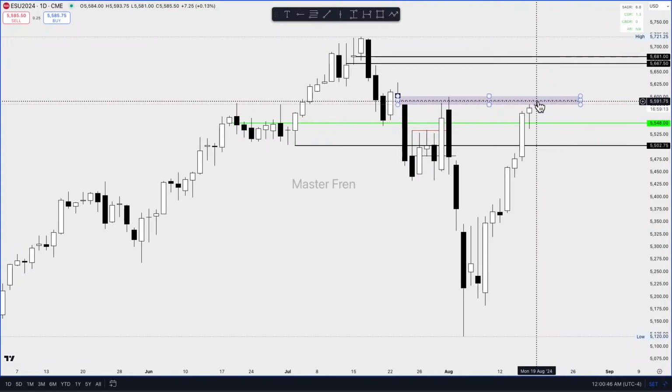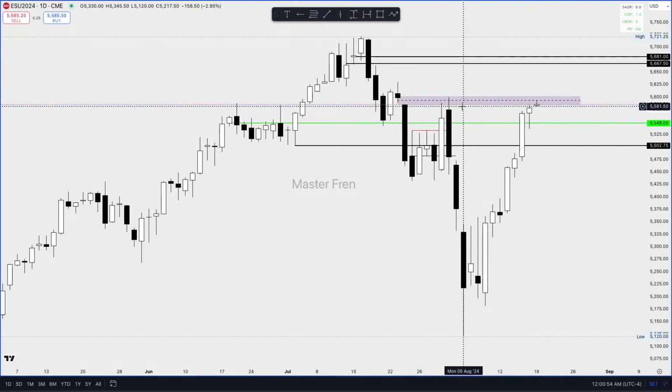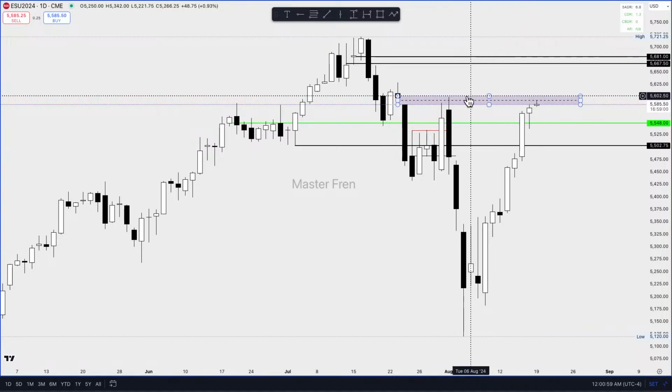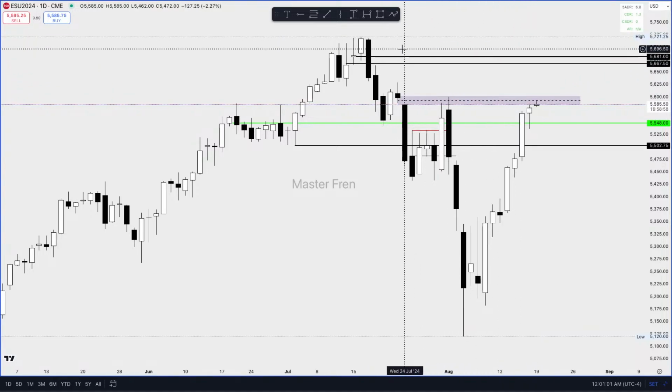So ES being the stronger asset out of them. ES has taken its spooky box, but I want you to also note that it has not taken buy-side liquidity.